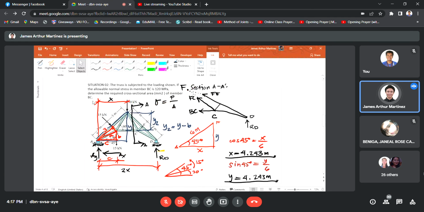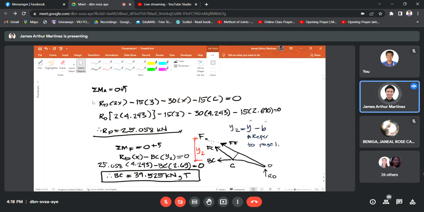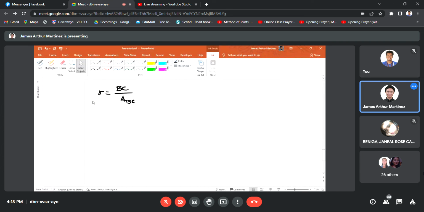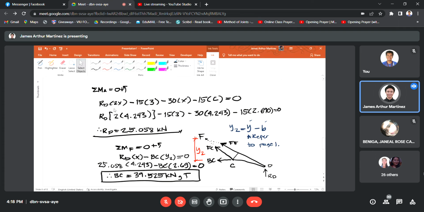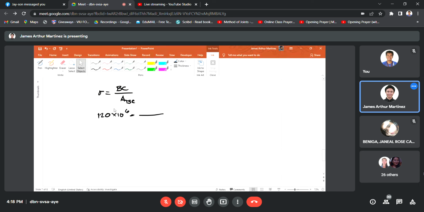Di ba? 120 megapascal. So, I have here 120 megapascal is equal to BC, which is 39.525 kilonewtons. All over the required area na for member BC.